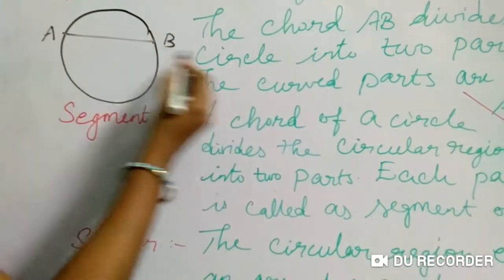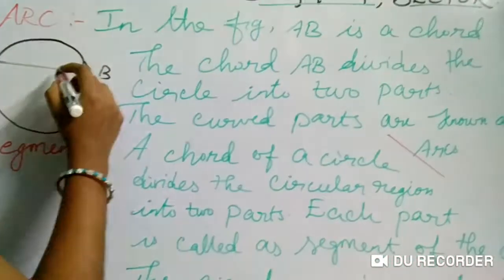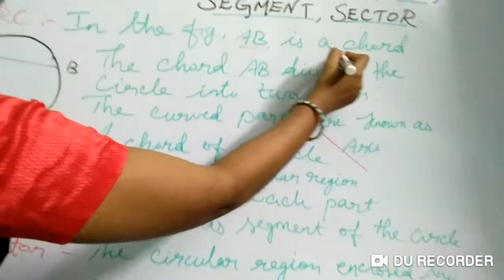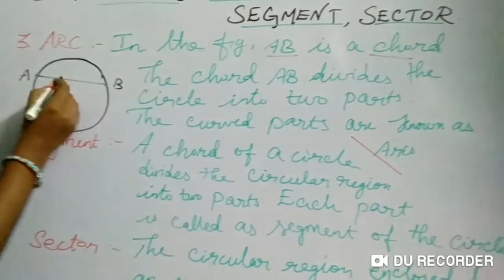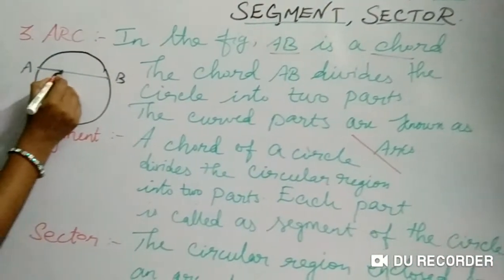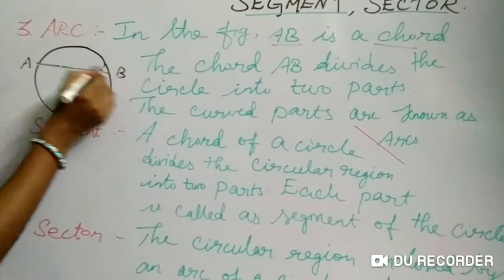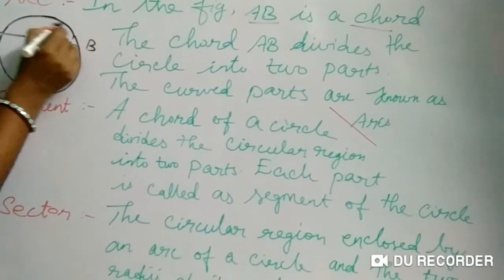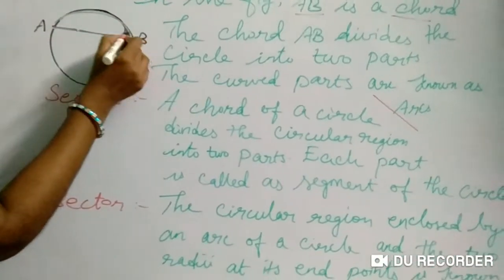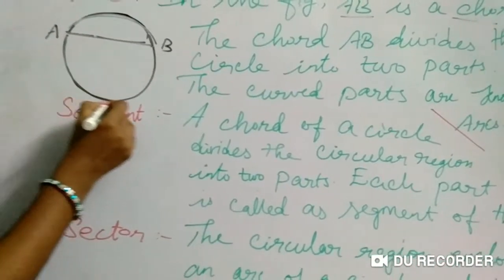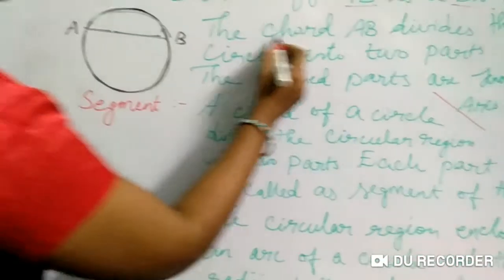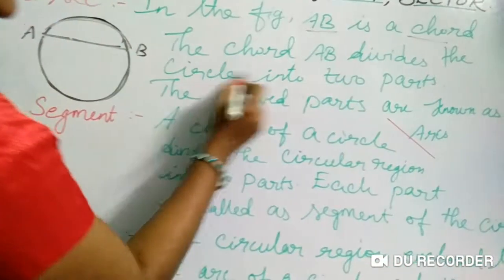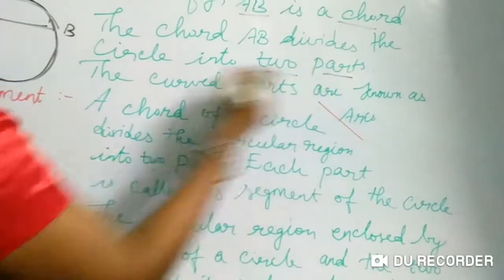You already know about the chord. See in the figure, first you draw a chord. This chord AB divides the circular part, that is the circumference, into two parts. See here, this one is a part, this is a curved part, and this one is a part. The chord AB divides the circle into two parts.